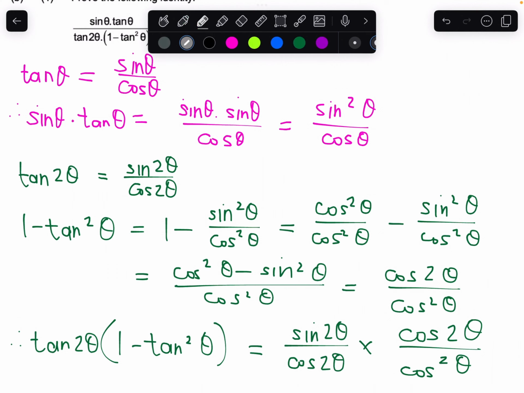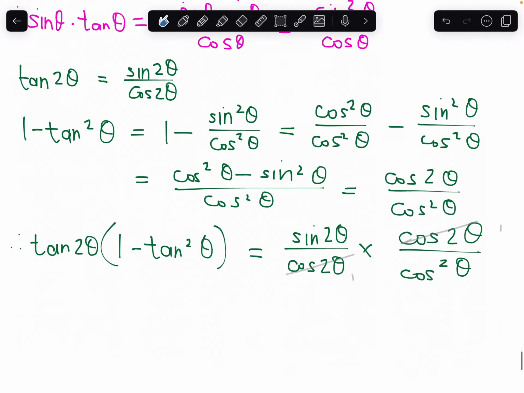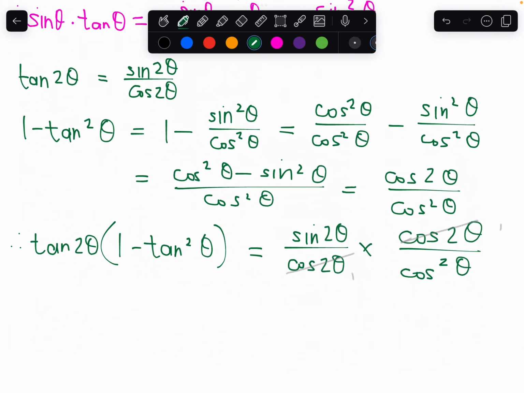Okay, so these guys will cancel out. So we then have sine of 2 theta divided by cos squared theta.